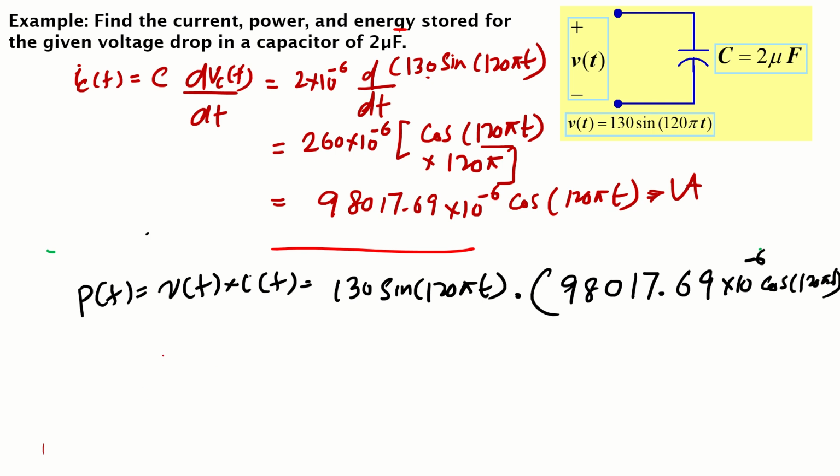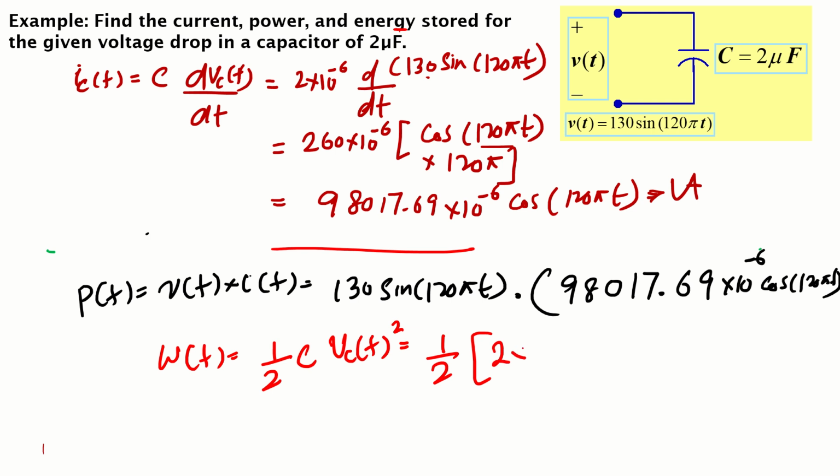The energy for any given time interval will be half C times the voltage drop across the capacitor squared. The value of C here is 2 micro, and the voltage drop across the capacitor is 130 sine of 120 pi t, and this whole thing is squared.